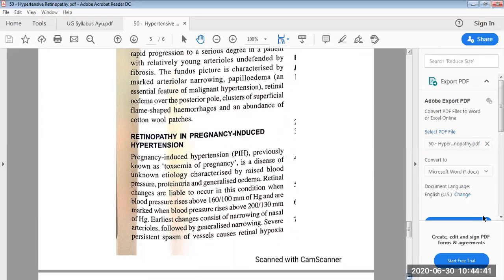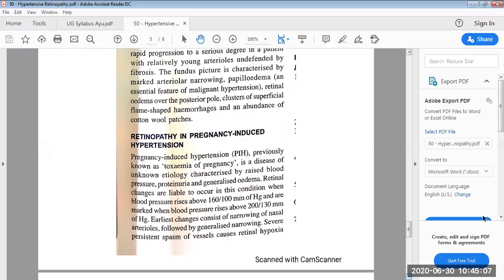Retinal changes are liable to occur in this condition when the blood pressure rises above 160 by 100 mm of Hg and are marked when blood pressure rises above 200 by 130 mm of Hg. The earliest changes consist of the narrowing of nasal arterioles followed by generalized narrowing.